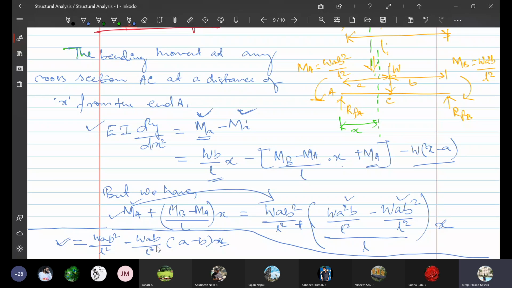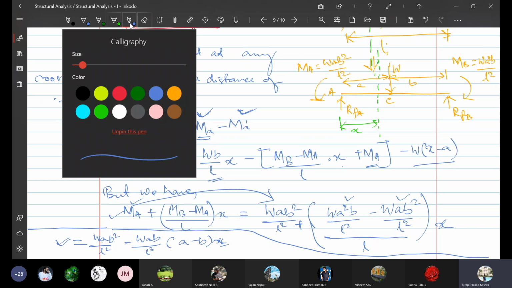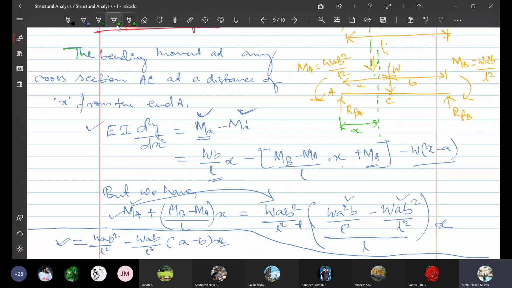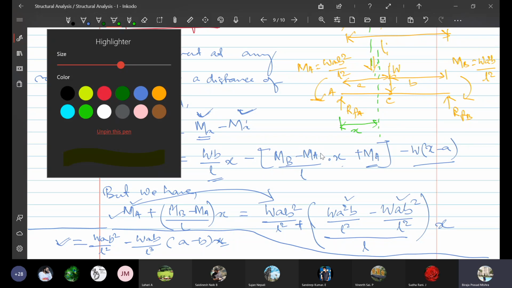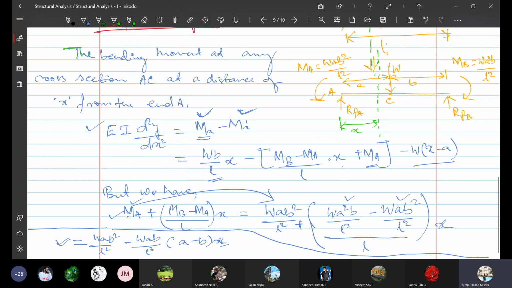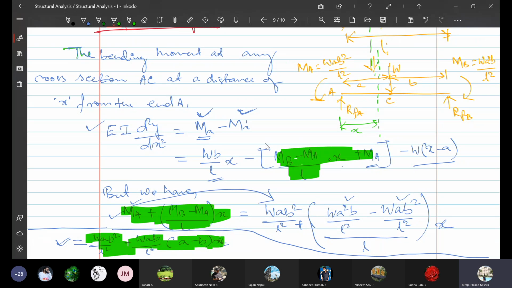So now we will put this value here. See this one, I'm highlighting it. What is this value? MA plus this one is this one. So we are putting this value in this equation, in this place.